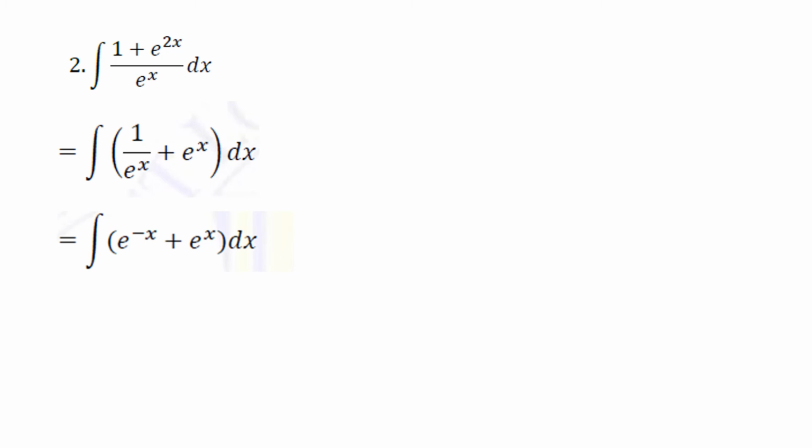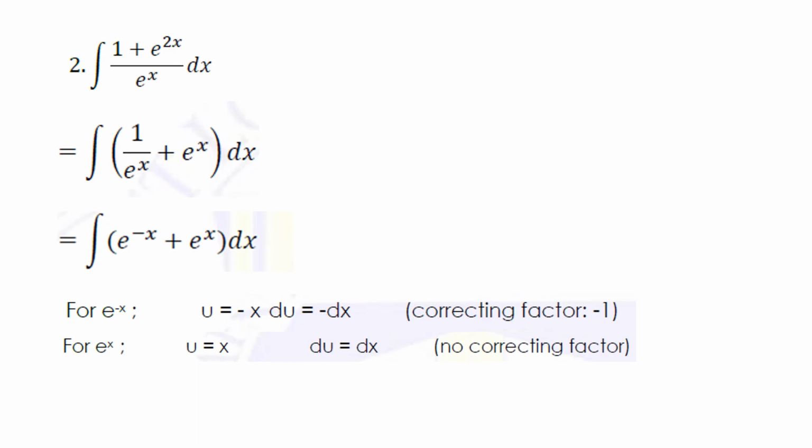For the first term, which is e raised to negative x, the correcting factor is negative 1. So we will be introducing a negative 1 into the integrand before the integral sign. For the second term, which is e raised to x, the correcting factor is positive 1. So there is no need to write positive 1 anymore because the differential of x, which is the exponent, is simply dx.